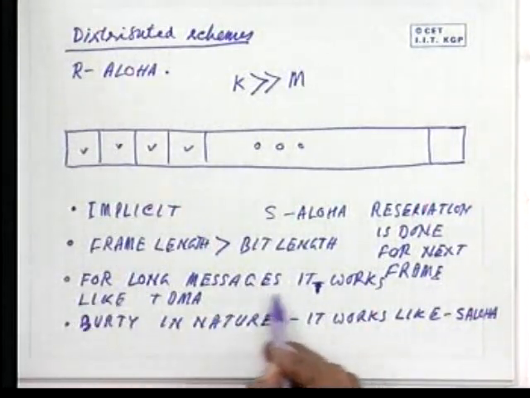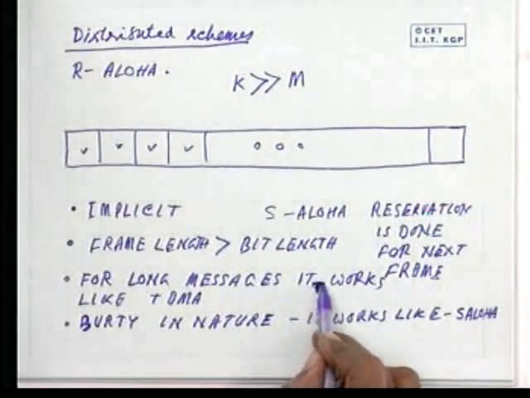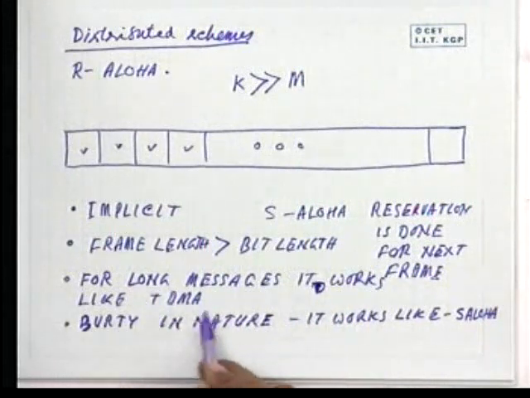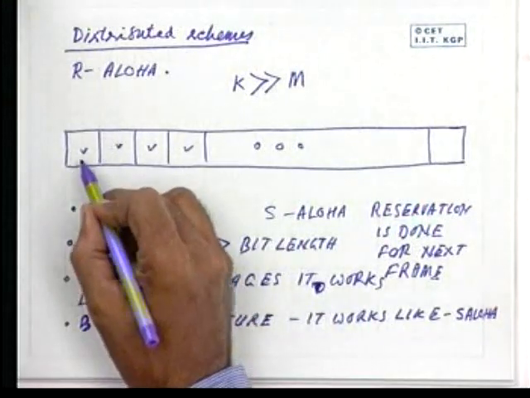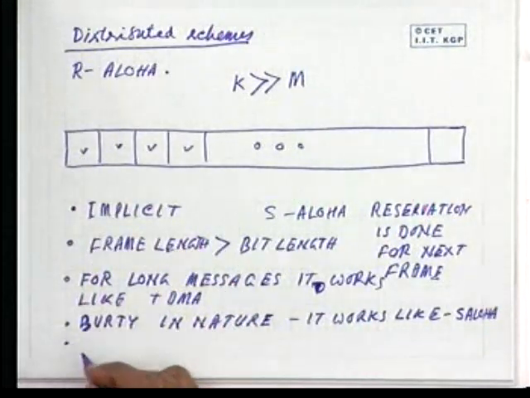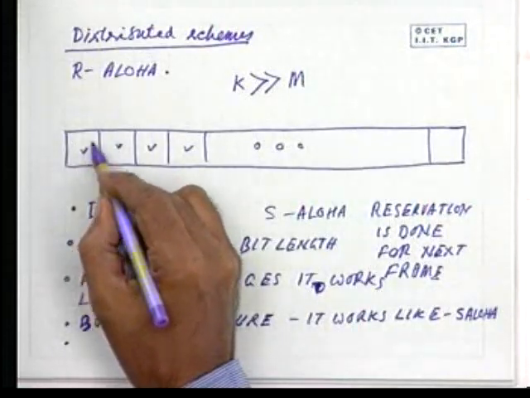On the other hand, for long messages having a large number of packets, it acts like TDMA, time division multiple access. And one problem: unless a station finds that a slot is empty, it will not send in the next slot. As a result, some of these slots will go empty.